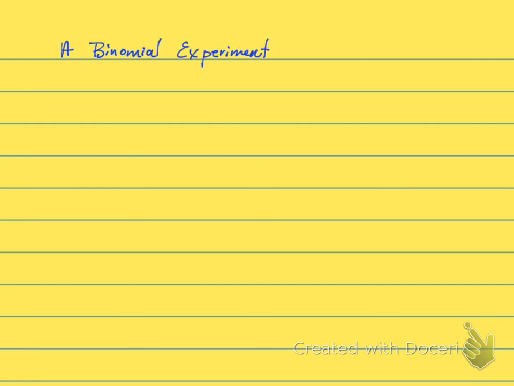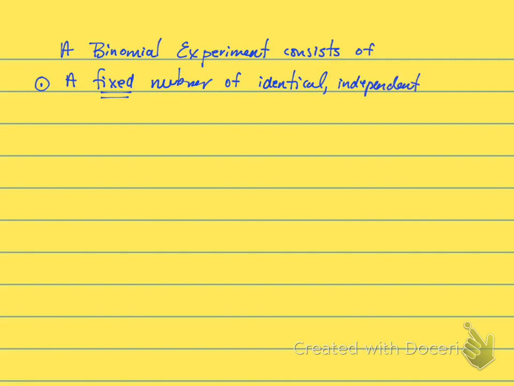Still haven't quite gotten to the distribution. A binomial experiment consists of a fixed number of identical independent Bernoulli trials. I'm going to come down and break this apart into different conditions. So that's really what it is. It's a fixed number of identical independent Bernoulli trials.